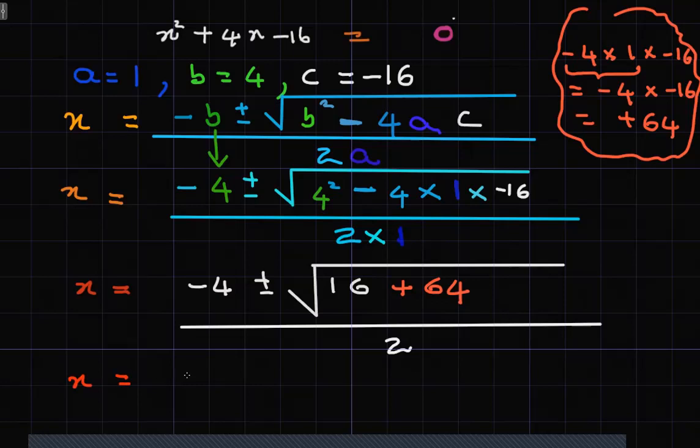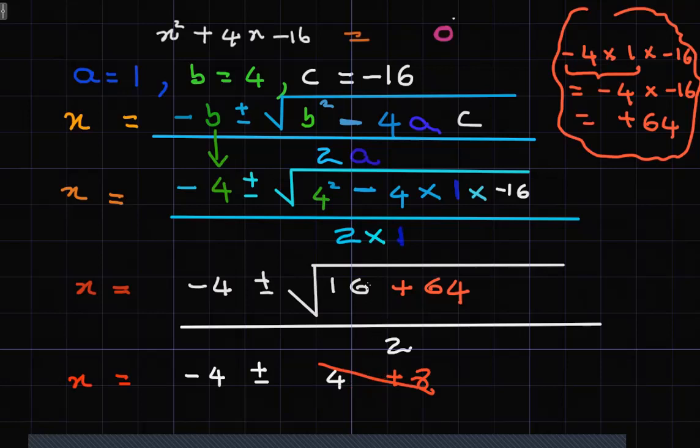minus 4. Now remember, can you find the square root of 16 and square root of 64 separately? Most of you would have noticed 16 and 64 are square numbers. So some of you may tend to write square root of 16 as 4 and square root of 64 as 8. That's incorrect. That is wrong. Why is it wrong?